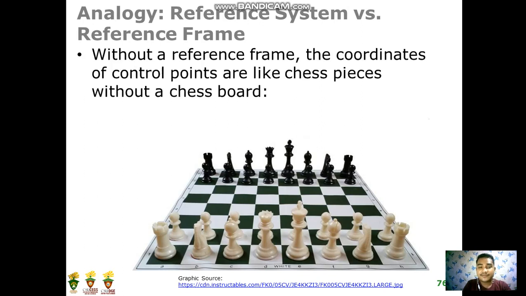Without a reference system, the coordinates of control points are like chess pieces without a chess board. The reference frame has the points and networks, but if they are not attached to the reference system, they are useless. It is like playing chess without a chessboard. You keep moving these pieces around, but you have no chessboard.